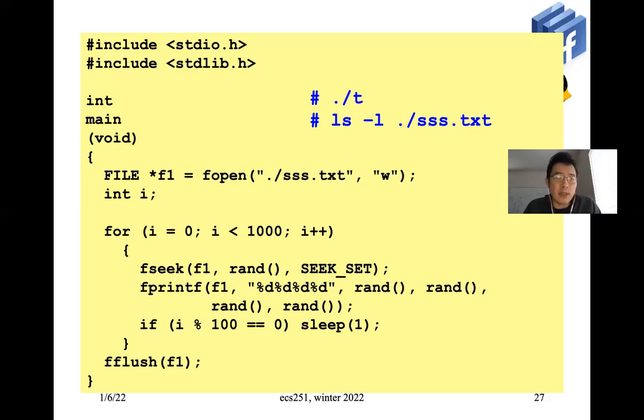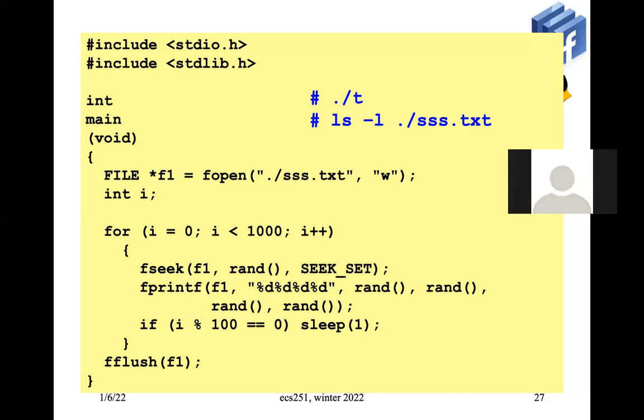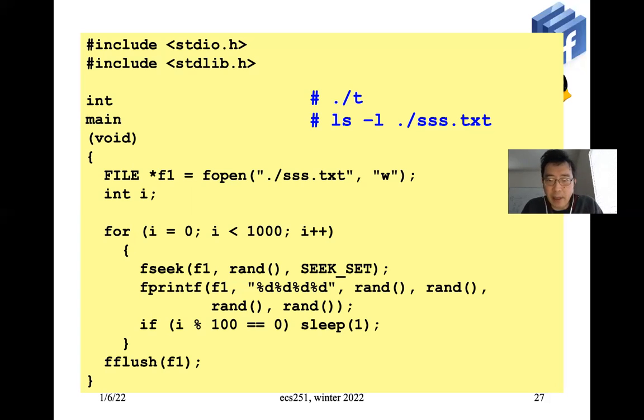The follow-up question is, how many disk blocks do you think I actually need to support this file? Roughly, how many disk blocks? It would just need 1,000 times however many bytes it's writing, but the file size would be much larger. Exactly, you're right. We definitely need about 1,000 blocks to represent those 1,000 random locations.